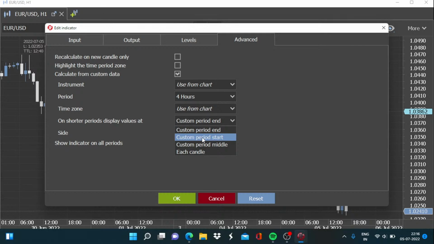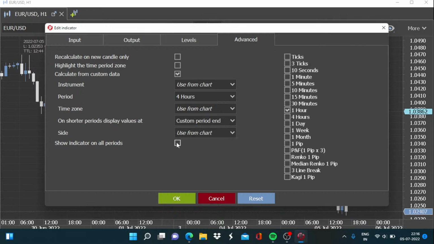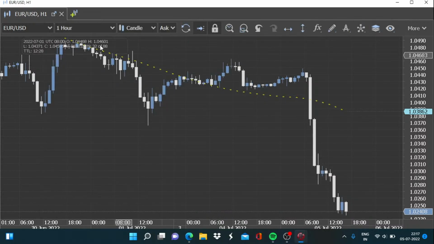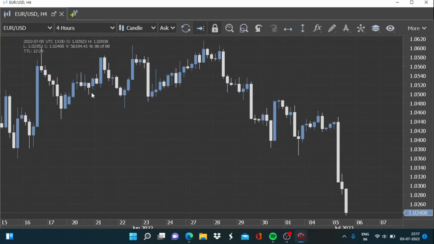Show indicator on all periods. Suppose you untick it, then you have to choose the candle periods on which the indicator will be shown, otherwise it will not be shown. Now that there is a tick mark only on the hourly time frame, it will be shown when the candle period is hourly, but if I change it to, say, 4 hourly, then magically the indicator will vanish.